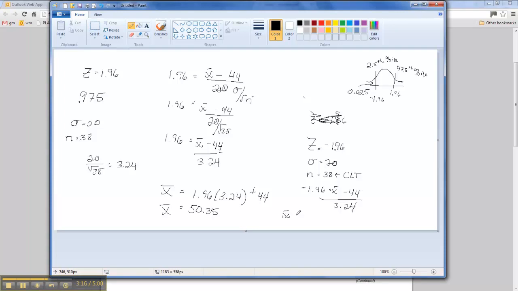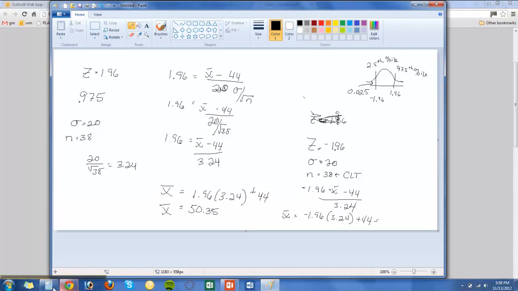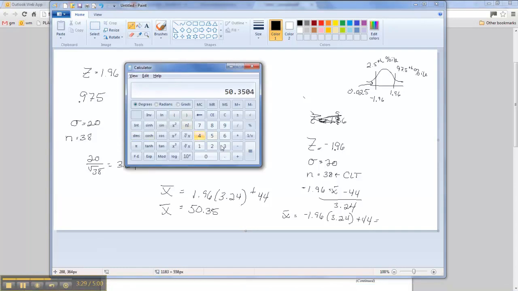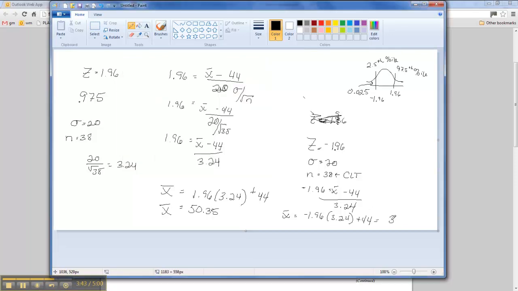So x bar equals negative 1.96 times 3.24 plus 44 again, and that gives me an x bar of 37.65.